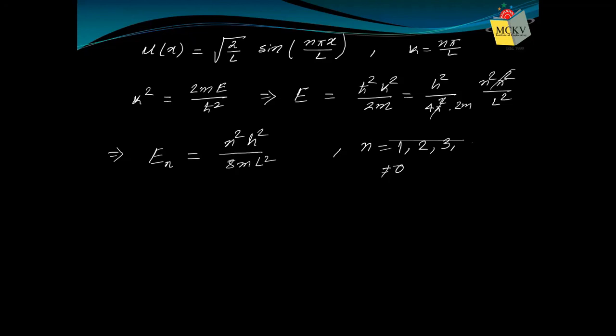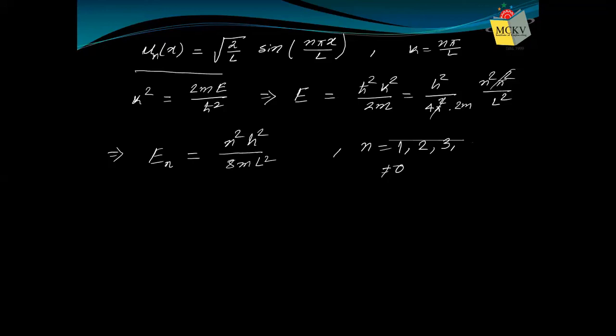So there will be different values of the wave function for different values of n. That's why I'm writing a suffix n here also. So u n of x I'm writing, so that we can write u1, u2, u3 for different values of n. Similarly, we can have different energy values for different n.